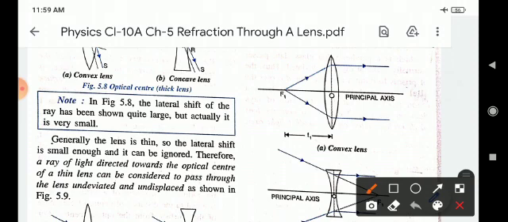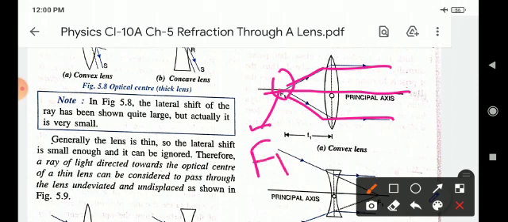First focal point. For a convex lens, the first focal point is a point F1 on the principal axis of the lens such that the rays of light coming from it, after refraction through the lens, become parallel to the principal axis of the lens.